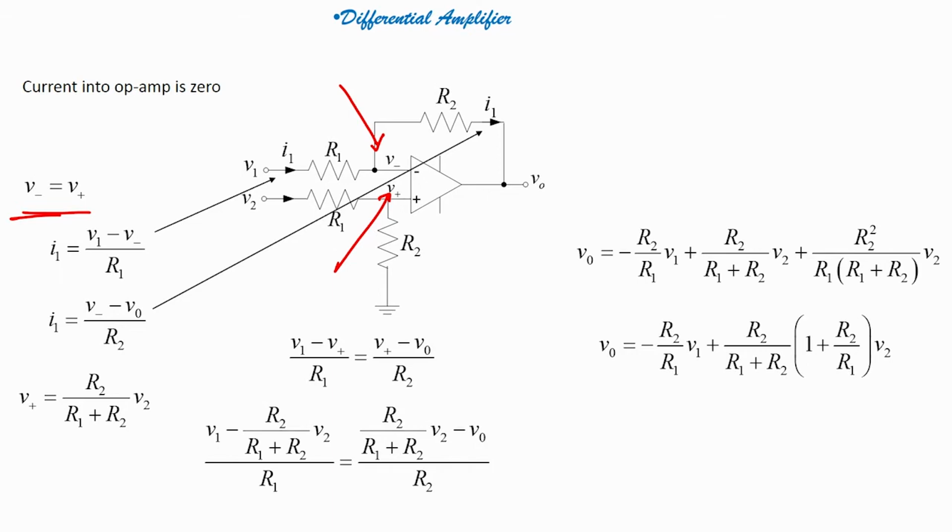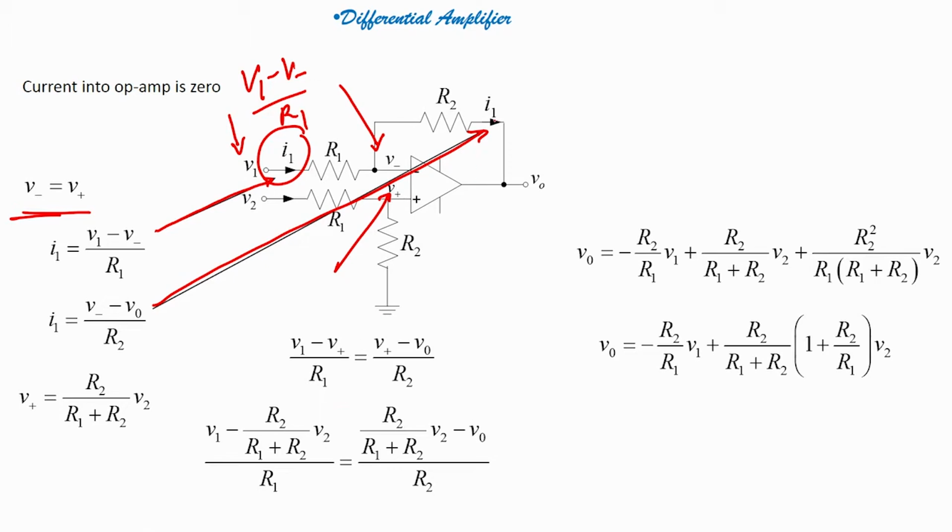First we are considering the current I1, which is nothing but V1 minus V minus, divided by R1.